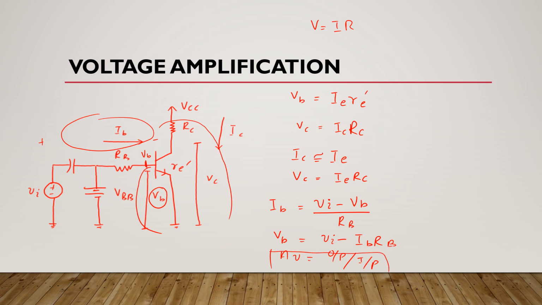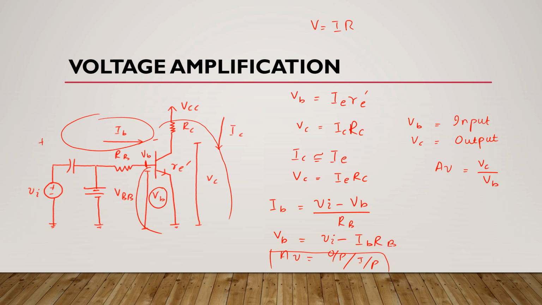Here the AC base voltage is considered as the AC input voltage, and the AC collector voltage is considered as the output voltage. It means voltage gain is the ratio of VC divided by VB.